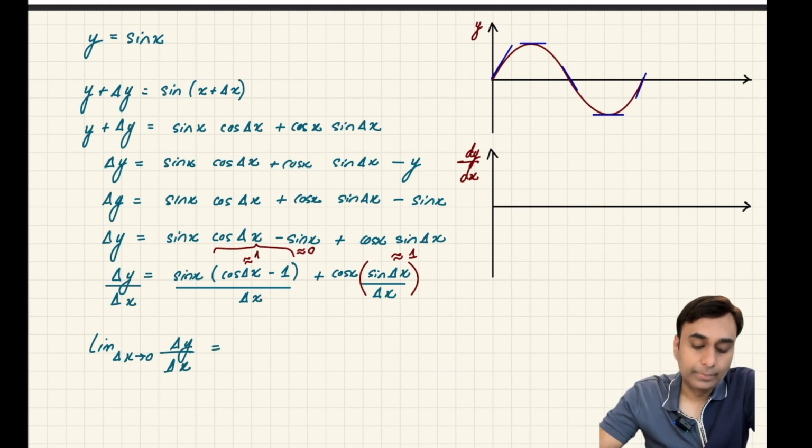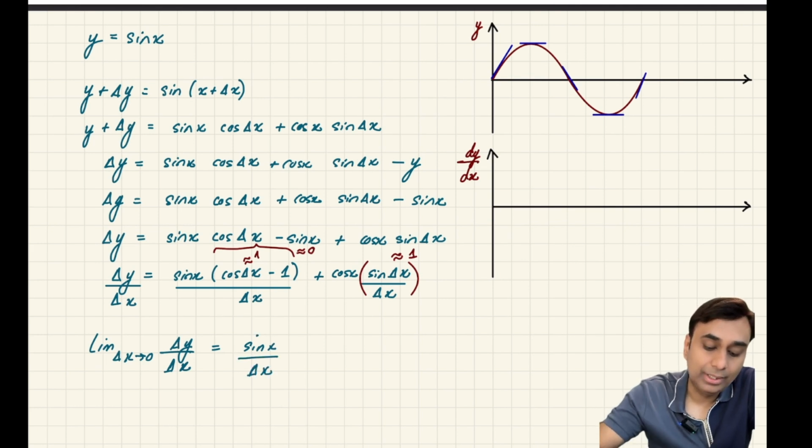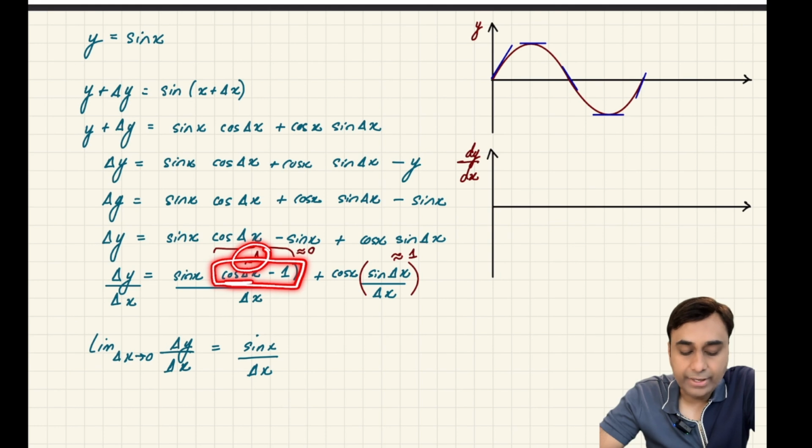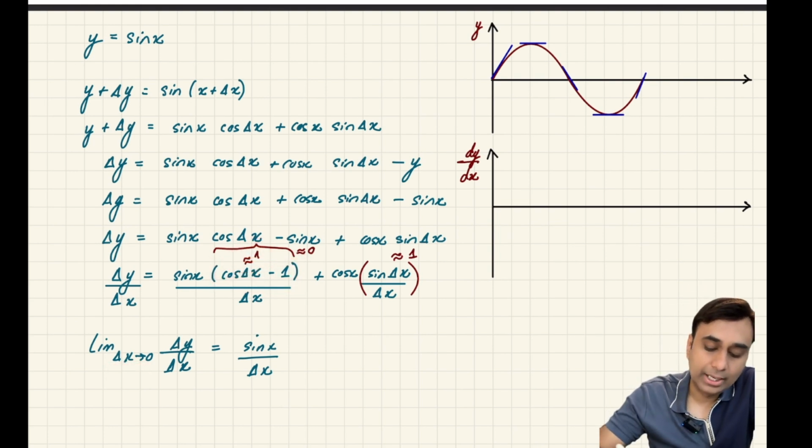So this sine x is getting multiplied by cos delta x minus 1 over delta x, where cos delta x is approaching 1 for a very small delta x, and cos delta x minus 1 is approximated as 0. So what I can do is multiply it by 0.